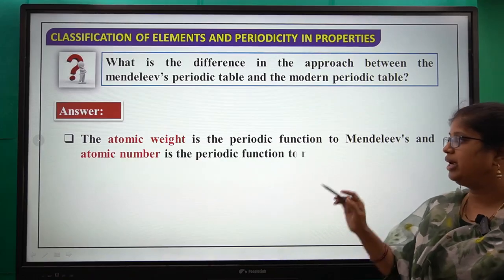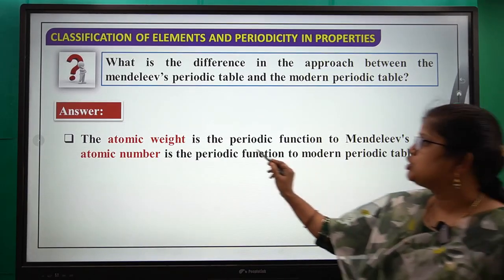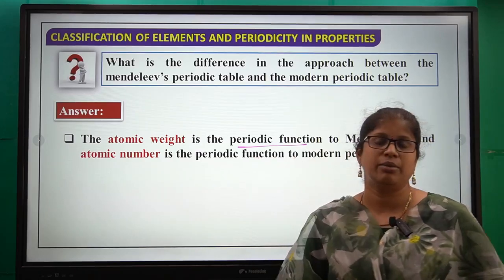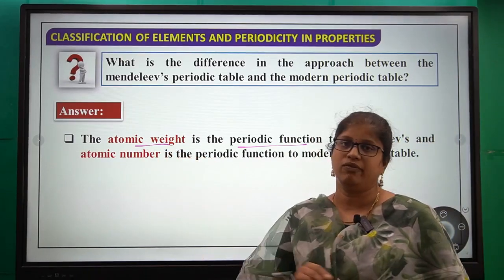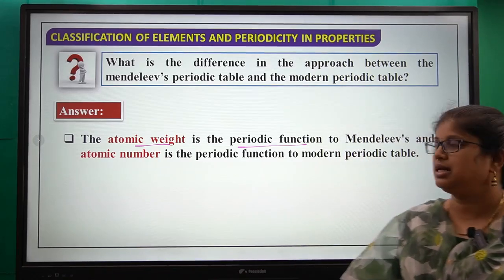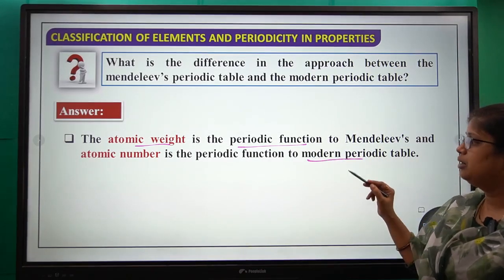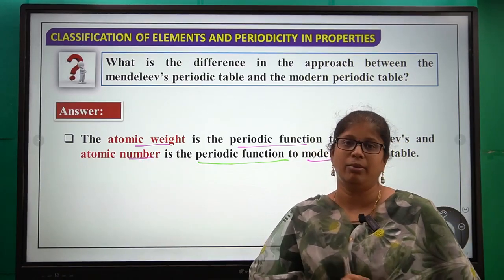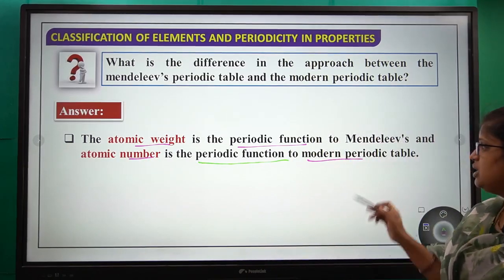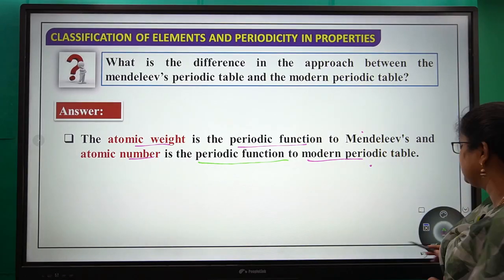So Mendeleev said that physical and chemical properties are periodic functions of the atomic weight. But Moseley said that the physical and chemical properties are periodic functions of the atomic number. This law is called the modern periodic law. This law is called Mendeleev's periodic law.